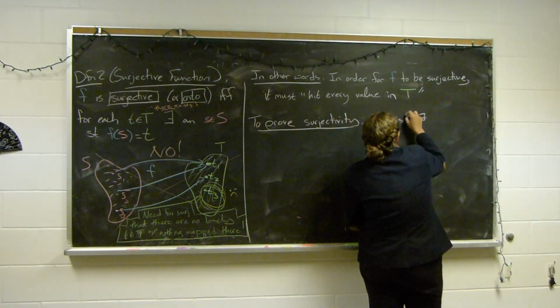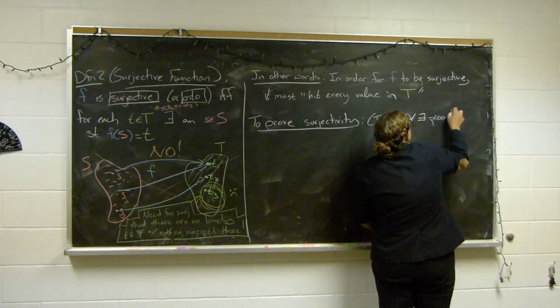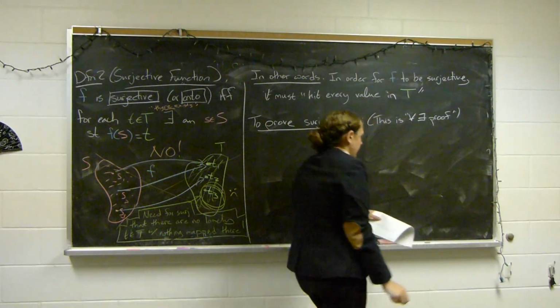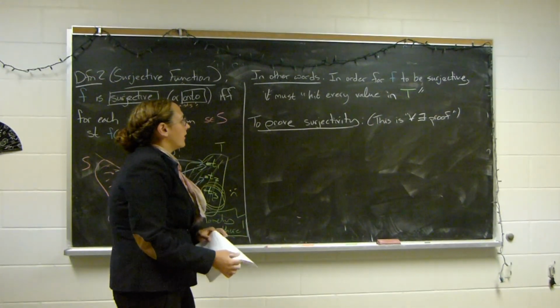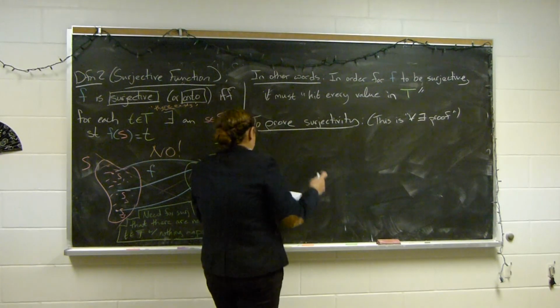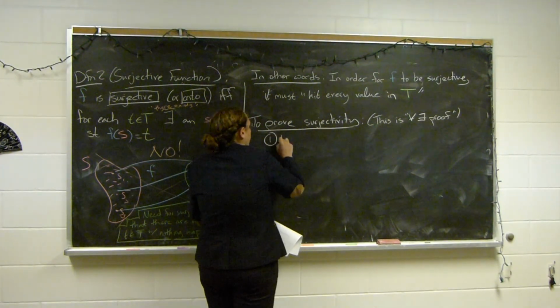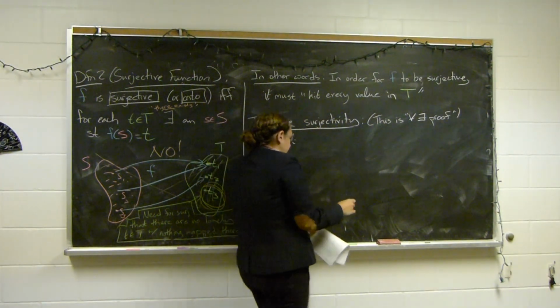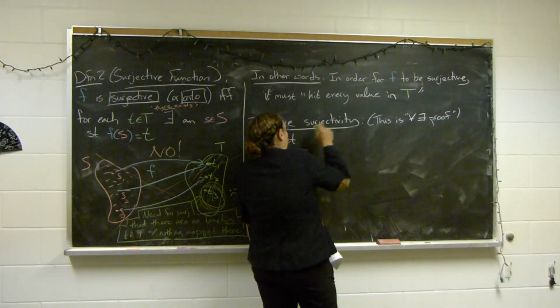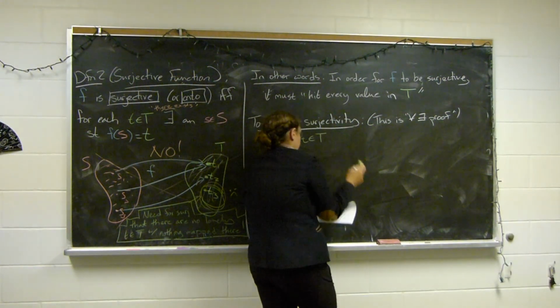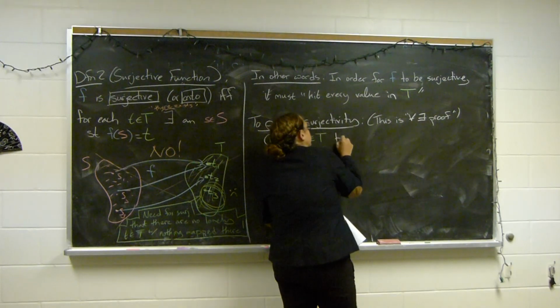It's good to know. You can categorize these. So what I'm telling you is really how you do a for all, there exists proof. The for all part tells me that I let t in T be arbitrary, because this has to be true for all t in T, so I'm proving it for all t at once.